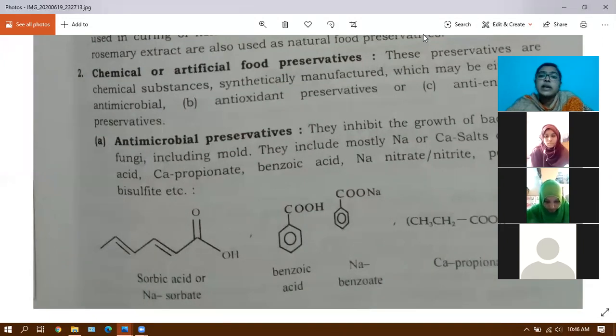Actually, these preservatives inhibit the growth of bacteria and fungi, including mold. Can you see this? Yes, miss. These are antimicrobial preservatives: sorbic acid, benzoic acid, sodium benzoate, calcium propionate.